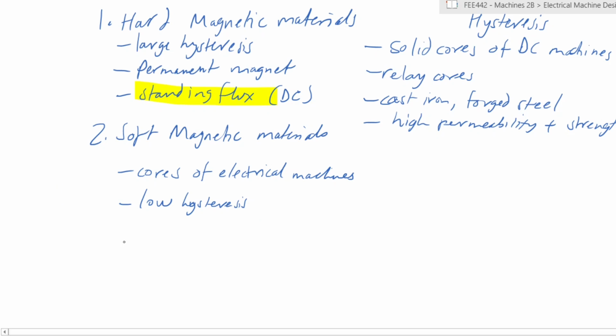Also, they do not retain magnetism, as we've said, and they have a low energy loss after demagnetization or magnetization. So you don't incur losses to set up magnetic fields. These are commonly used in applications that have pulsating fields, which are of course AC applications, AC machines, and so on.